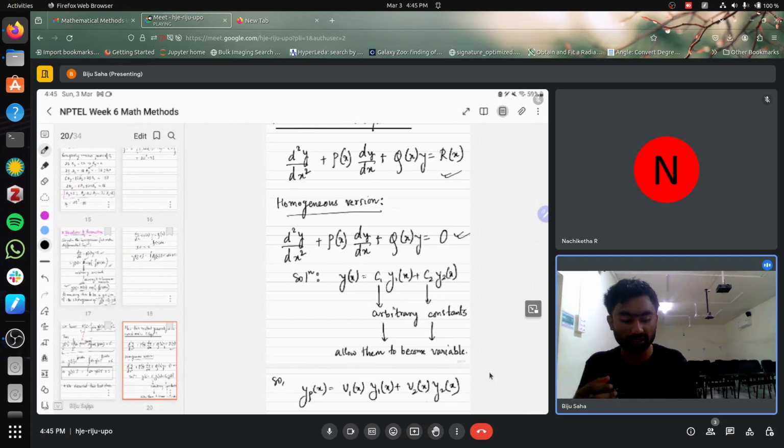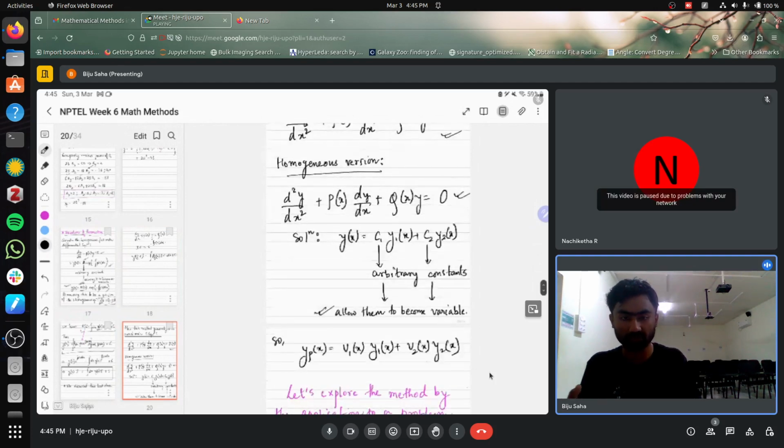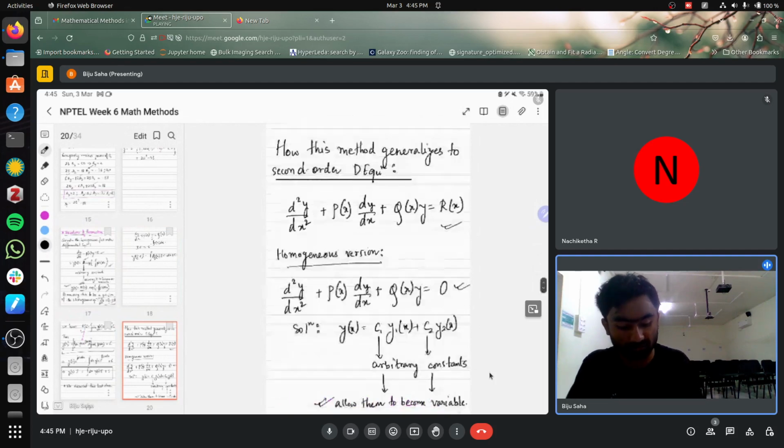So in the linear combination, the coefficients are arbitrary constants for the homogeneous version, but when we allow them to become variables, so now my C1 becomes a variable, that is a function of x. C2 also becomes a variable, V2, which is a function of x. And then we demand that this particular solution is a solution of this inhomogeneous equation.